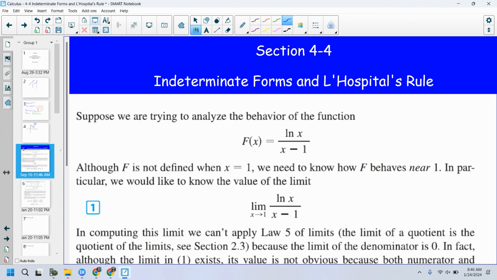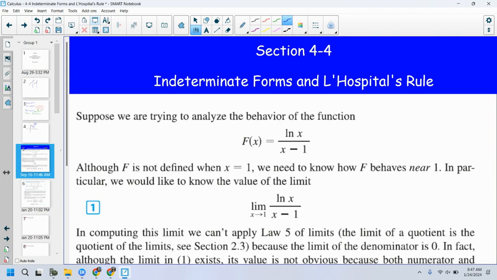Now, think about this. If I were to do direct substitution, you'd say, well, you can't do that because the denominator goes to 0. Yes, that's true. You're right. But it goes to 0 in a unique way. Think about it in terms of how it relates to the numerator. If I plugged in 1 to the numerator, what is ln of 1?